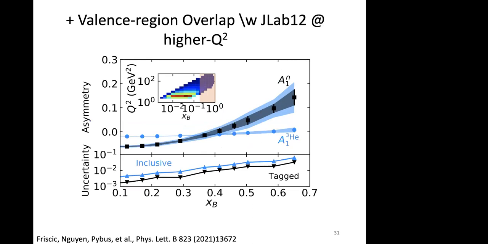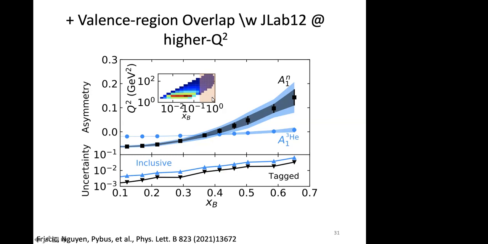we have the data from the fixed target at the high X region, like the valence region. That is very important to study QCD calculation. And with the EIC measurement, we also have a very good overlap covering the high X, the valence X region.